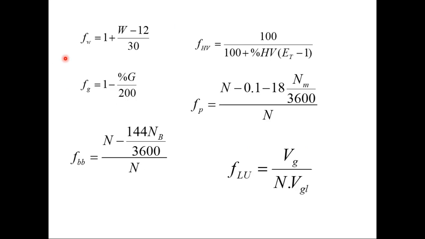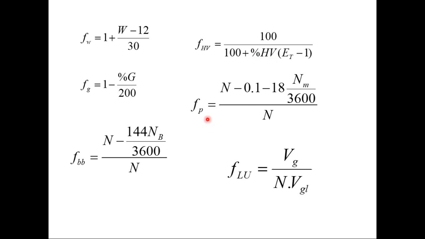For example, FW, adjustment factor for lane width, is given by this equation where W is in feet. 12 feet is taken as standard lane width, and if it is not 12 feet, then it should be adjusted. For heavy vehicle, where ET is the equivalency factor for heavy vehicle. In HCM, its value is suggested as 2, and this is percentage of heavy vehicle in the approach.